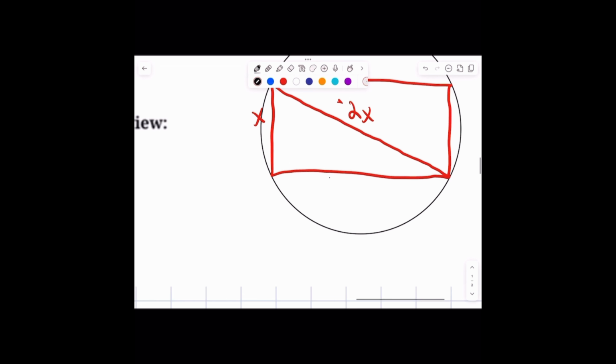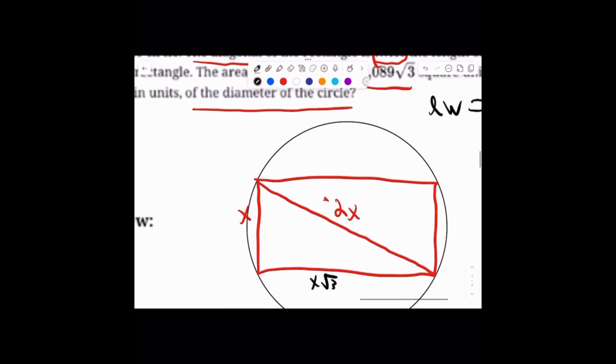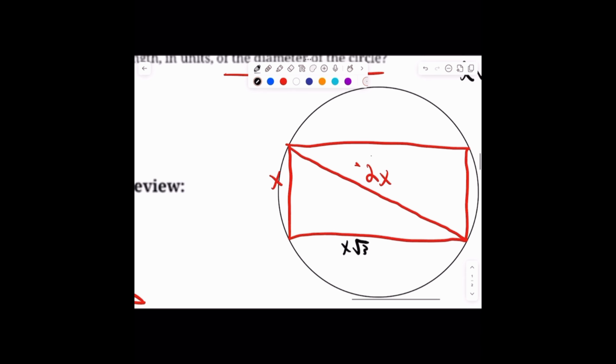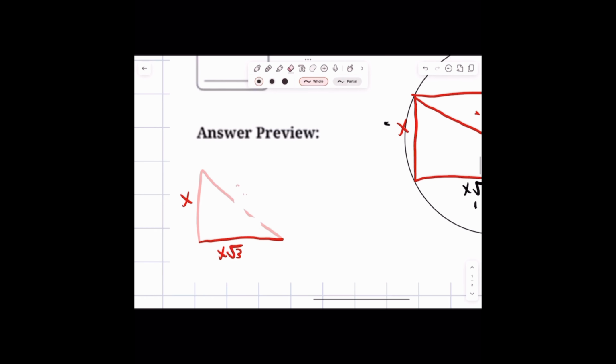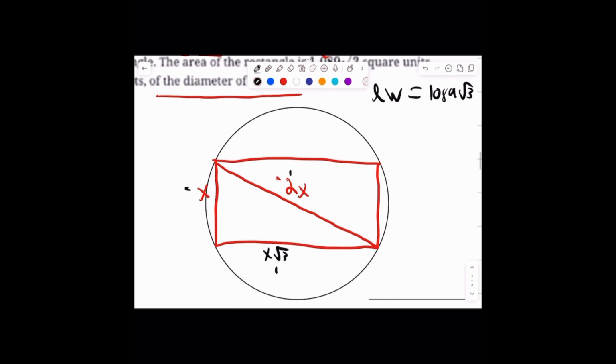It isn't hinted because we don't know the degrees, but if we get one side and another side, then by the Pythagorean theorem, we could also find this side. So now we know that the bottom or the width of the rectangle is x root 3.